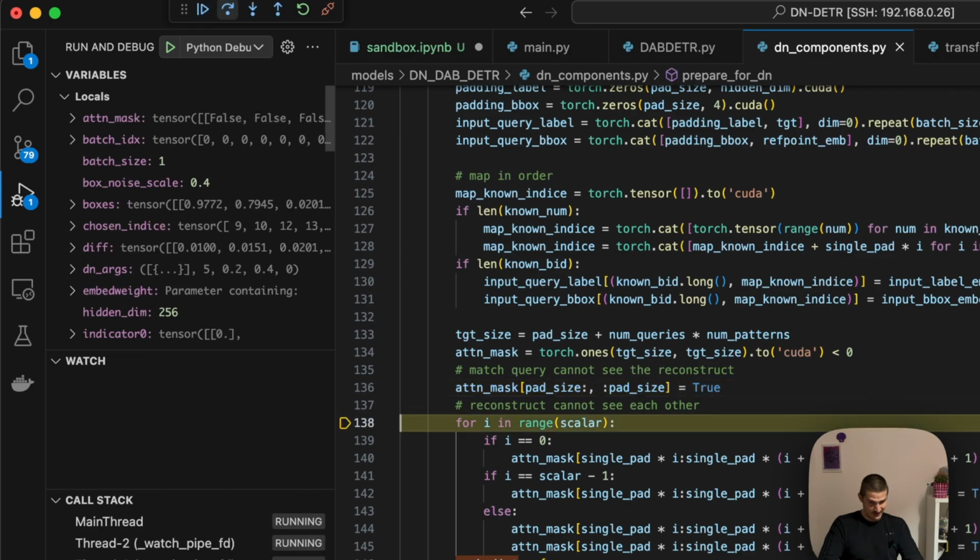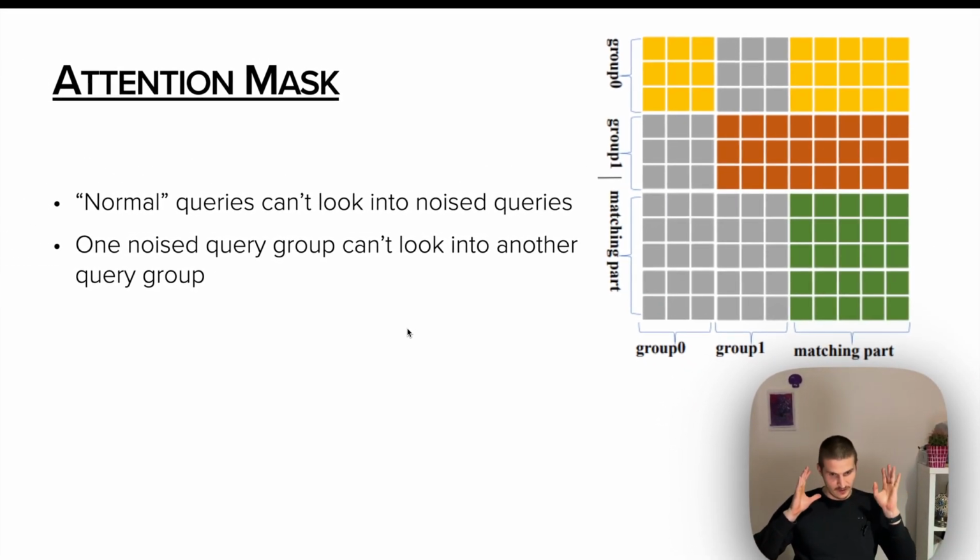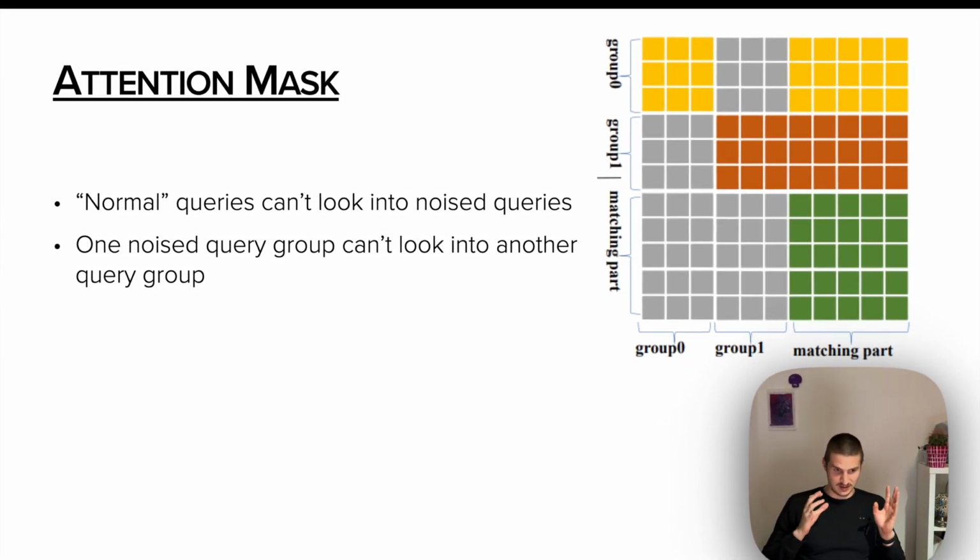I also need attention mask. So a reminder, the whole point of attention mask is to prevent information leakage that we can't afford to have, due to various reasons. One such reason is that we are actually feeding in ground truth boxes to the model as an input during training.